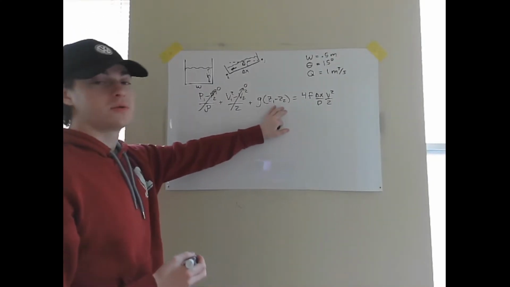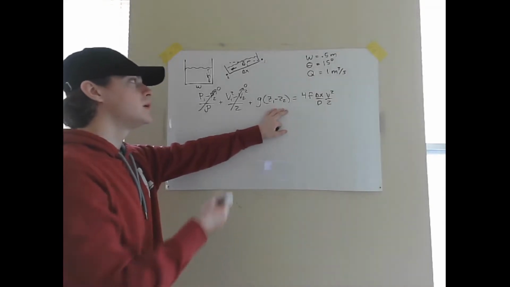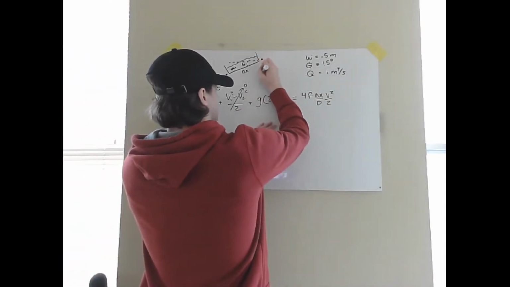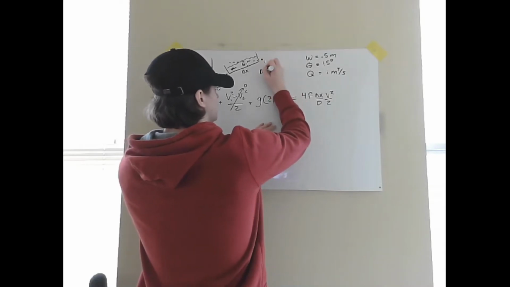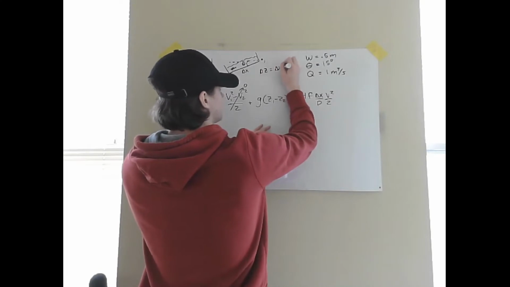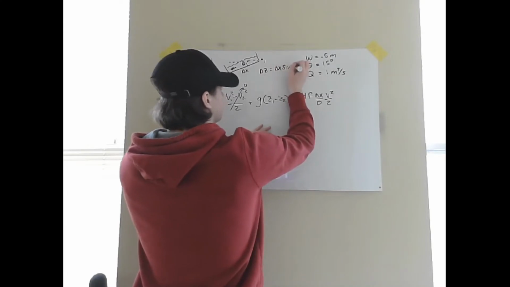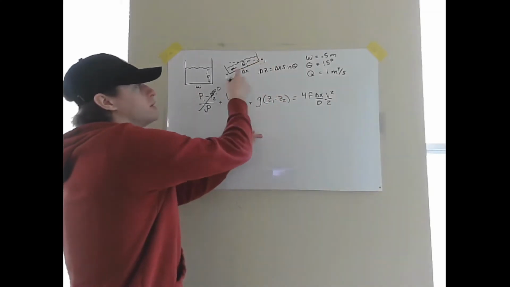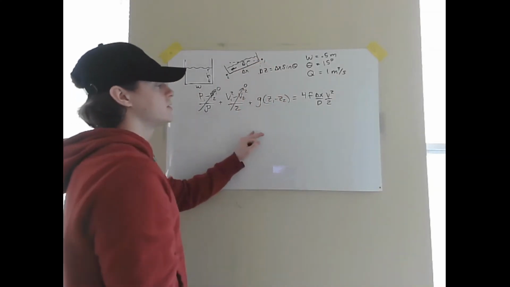And we can actually rewrite the change in z using theta. And that's going to look like this. It's just a simple trig function. So the delta z is going to equal delta x times the sine of our angle. And that will give us the vertical distance between point 1 and point 2.